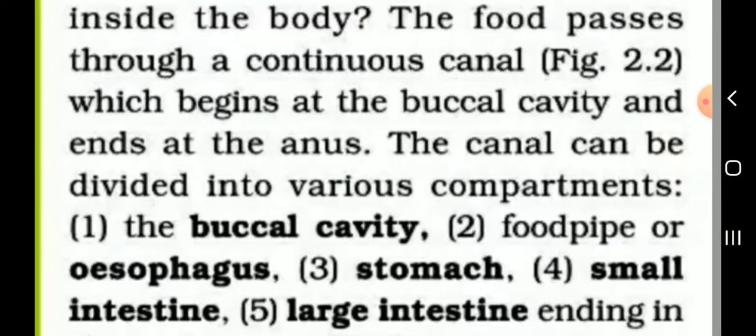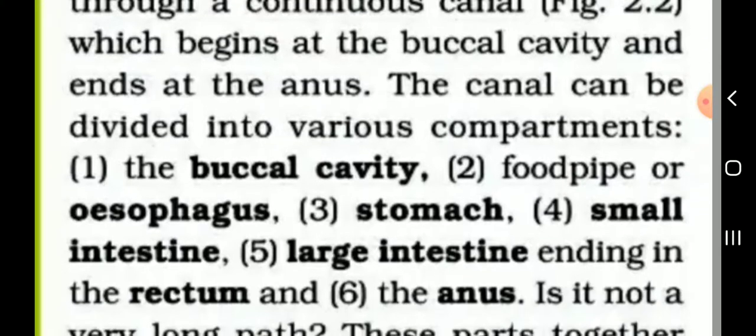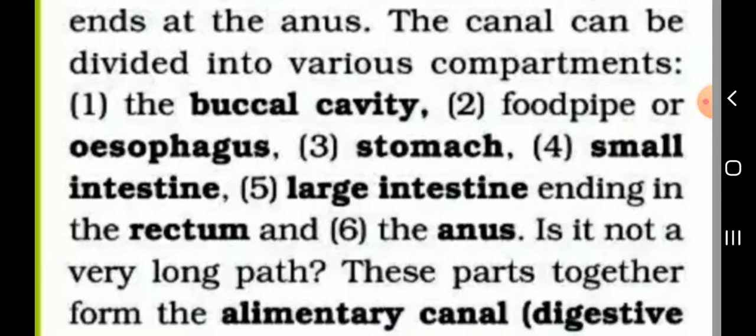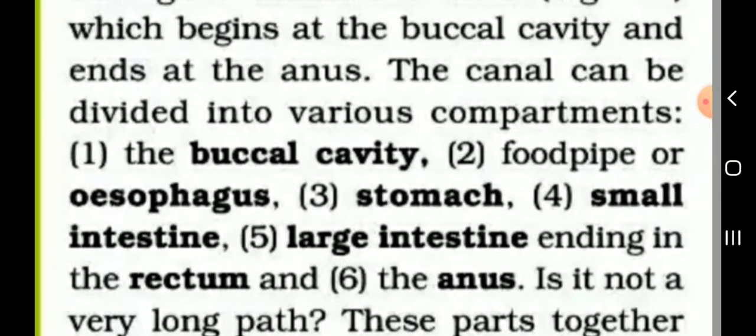The canal can be divided into various compartments: buccal cavity, food pipe, another name esophagus, then stomach, small intestine, large intestine, ending in the rectum and the anus.